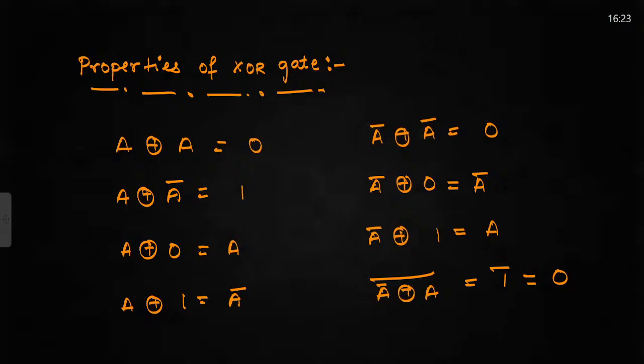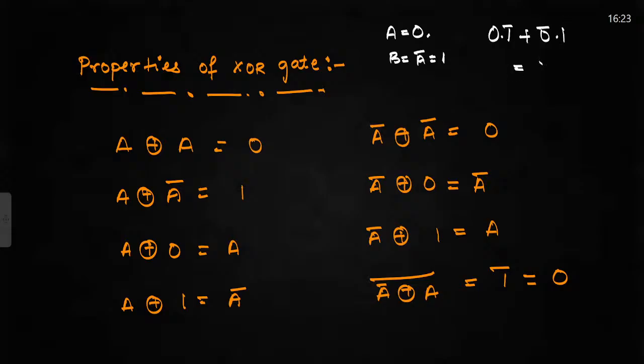And next, if you are having A XOR A bar, one is A, if I am taking A is equal to 0, then B will be A bar, that is equal to 1. So 0 into 1 bar plus 0 bar into 1.